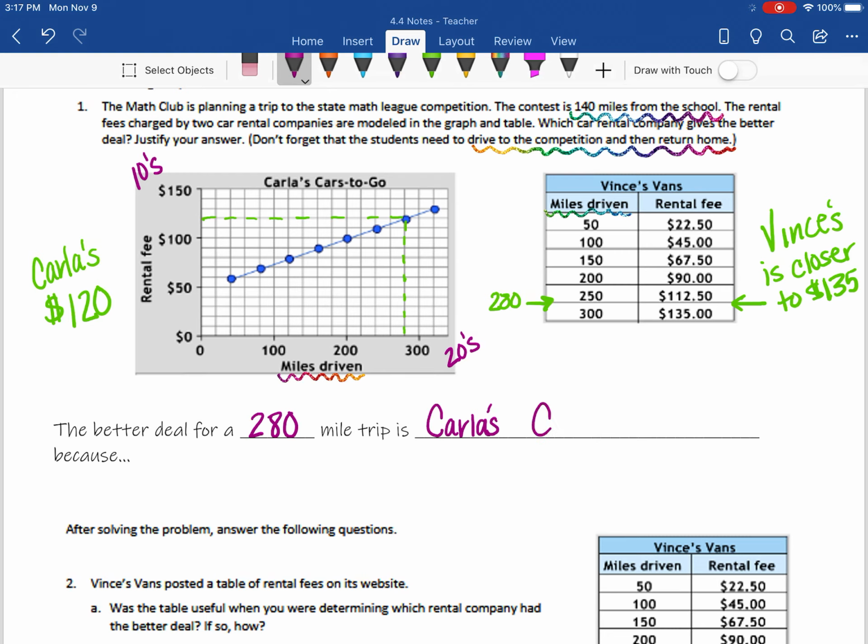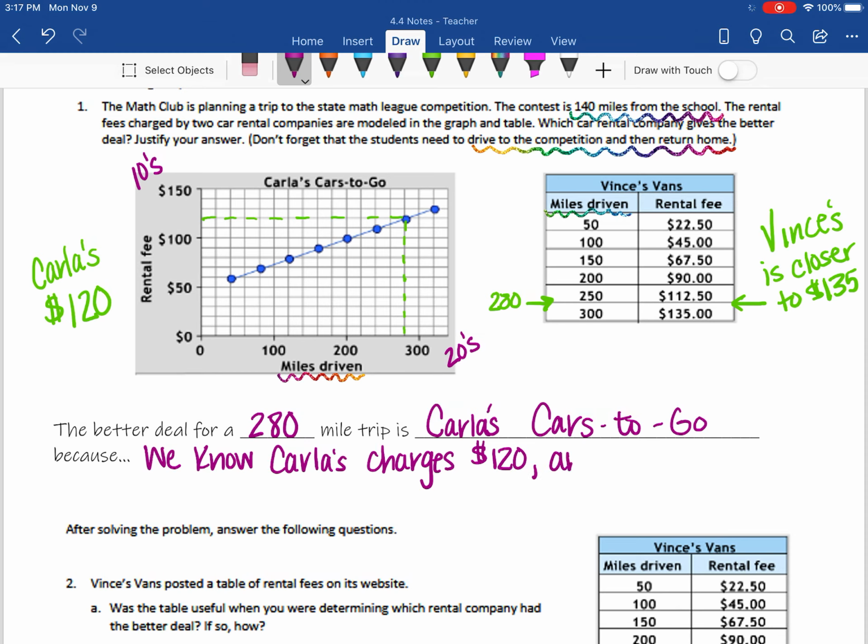And the reason being, and you could state this in your own words, but the reason is we know Carla's charges $120 and Vince's is closer to 135 than 112.50.